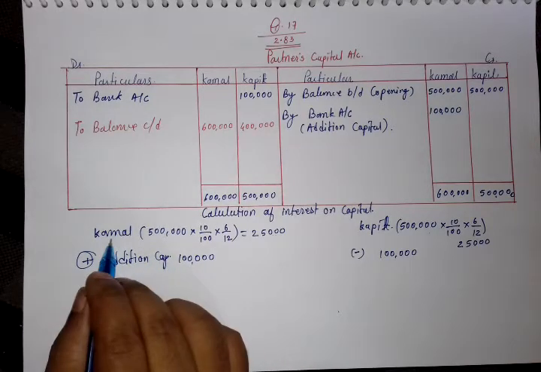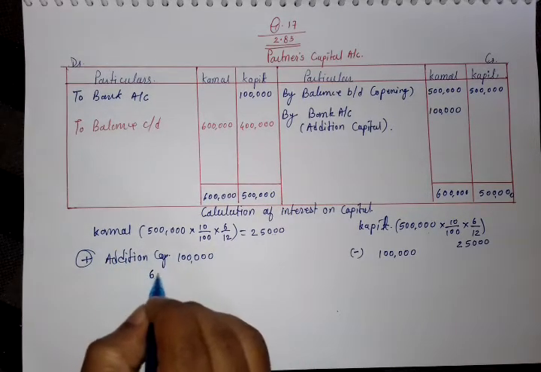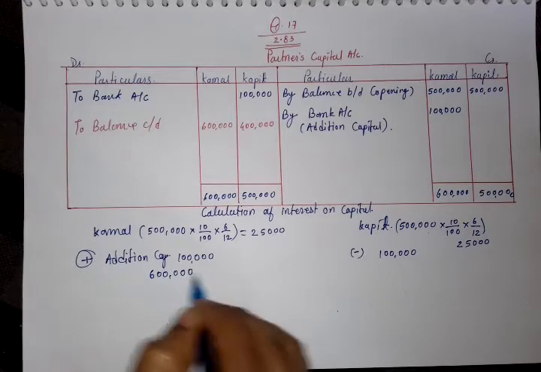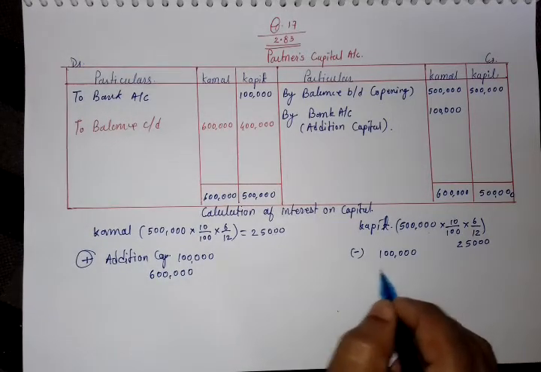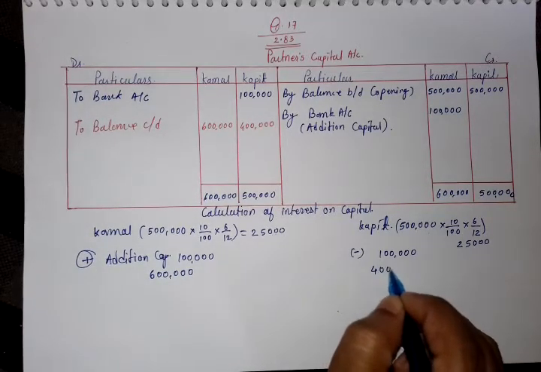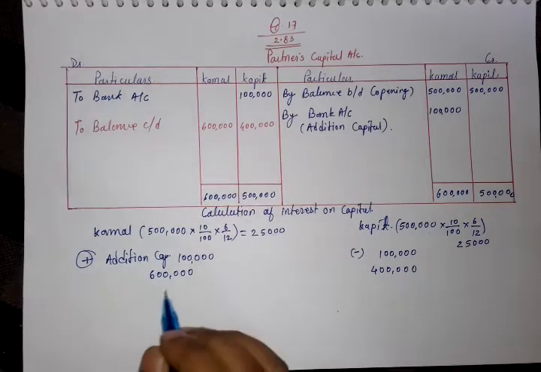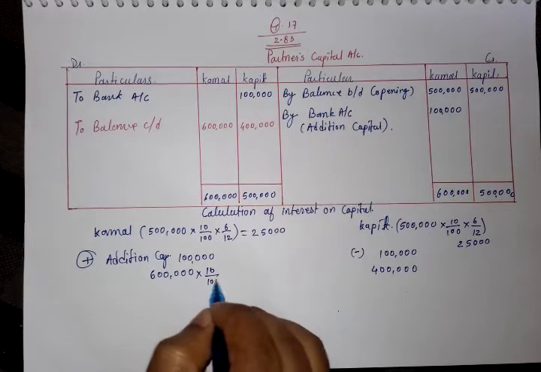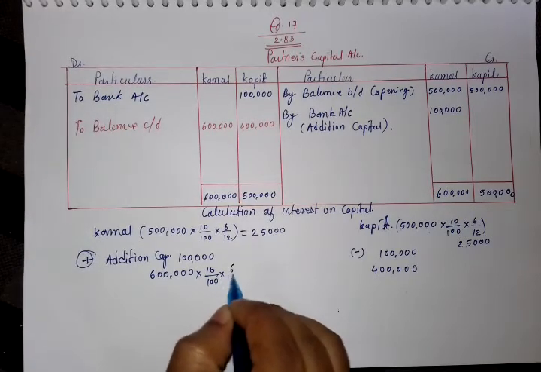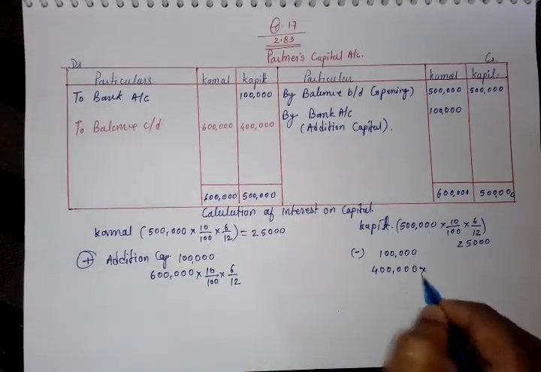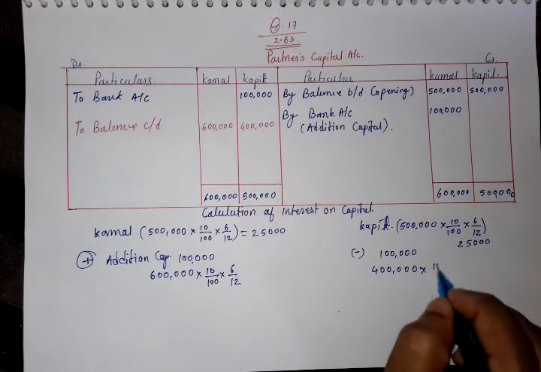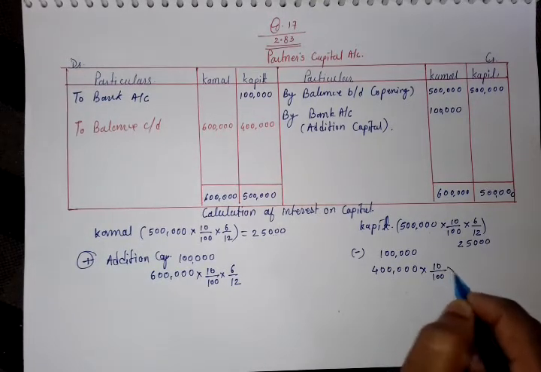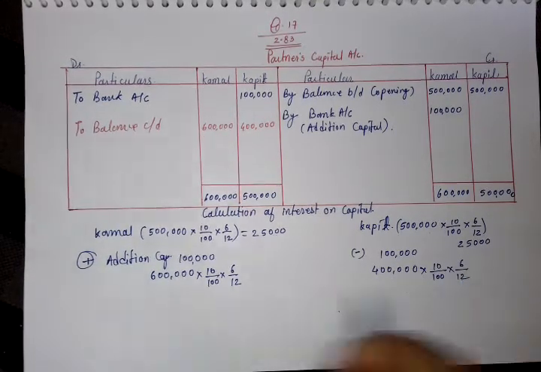Because of that, the total capital of Kamal is 6 lakh and the total capital of Kapil is 4 lakh. Is that clear? On the basis of 6 lakh, 10% rate for 6 months, and for Kapil 10% rate for 4 lakh and 6 months.